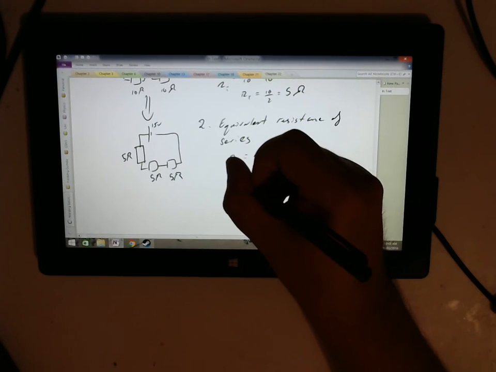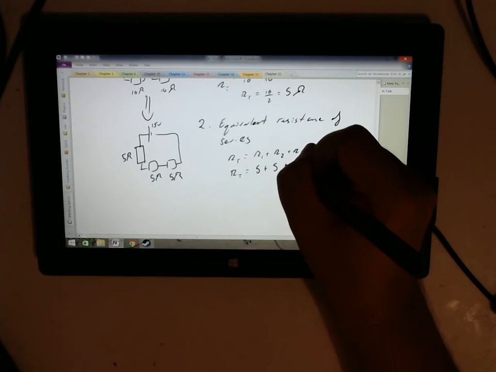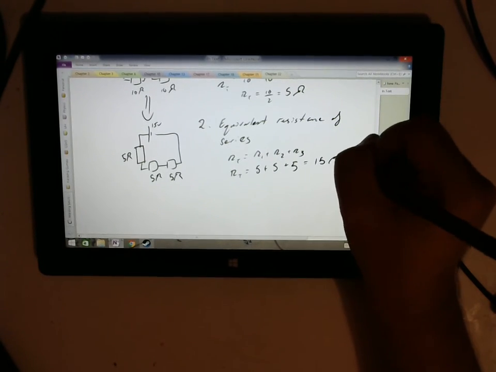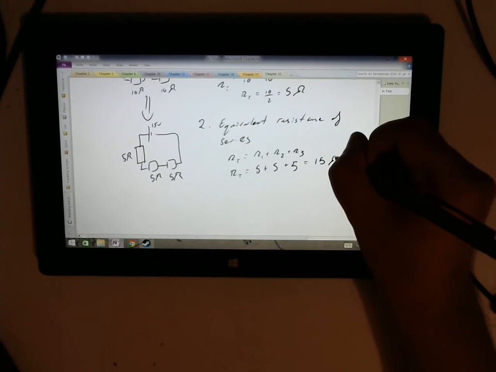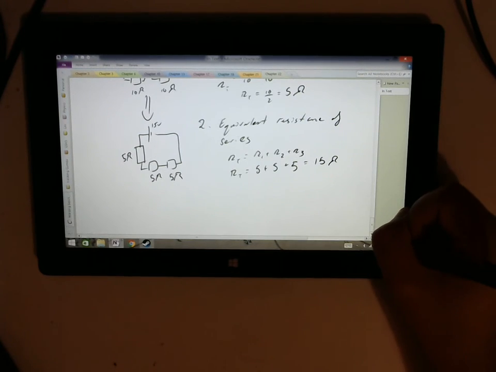When they're in series, remember, we just add them together, equals 5 plus 5 plus 5 equals 15 ohms. So therefore, let's redraw the equivalence again.